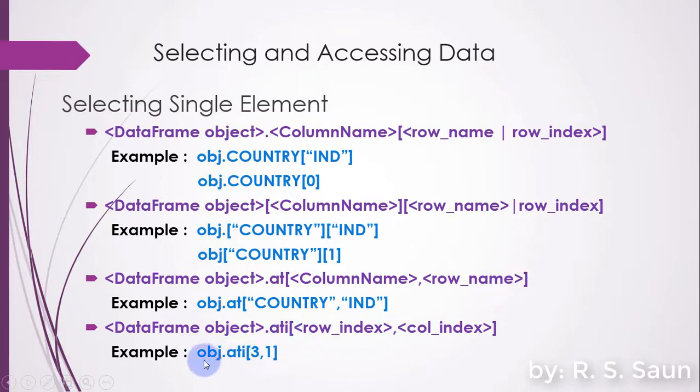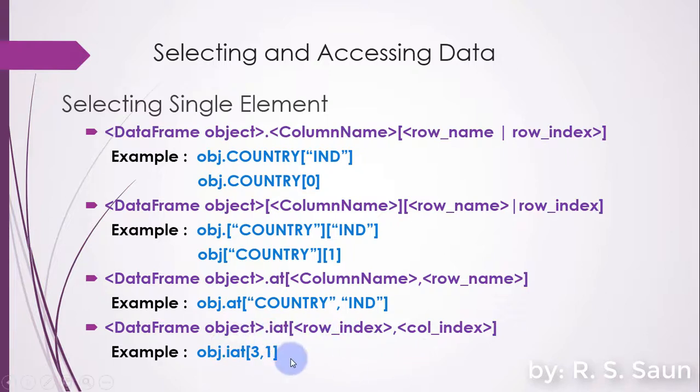And the third is we can specify iat. Here we have to specify row index. Notice it is not a column index, it is a row index and then column index. So there is a slight difference between these two methods. Next, we are going to use an index to retrieve the value or assign the value.